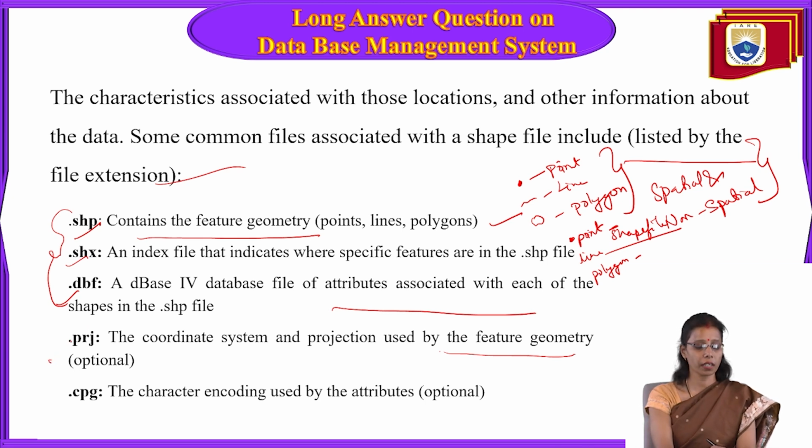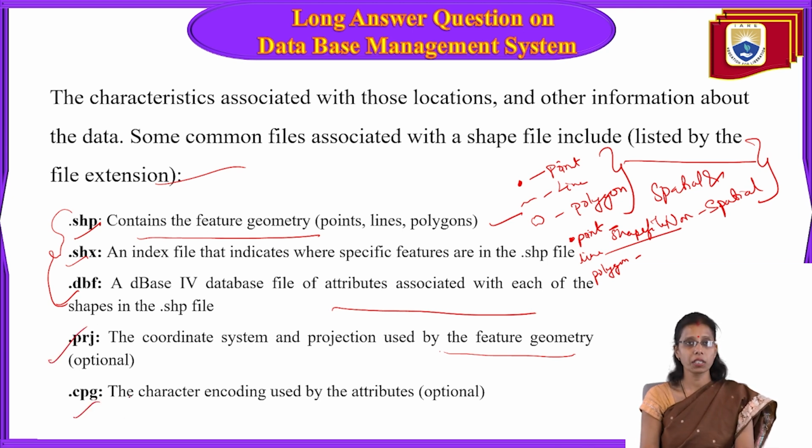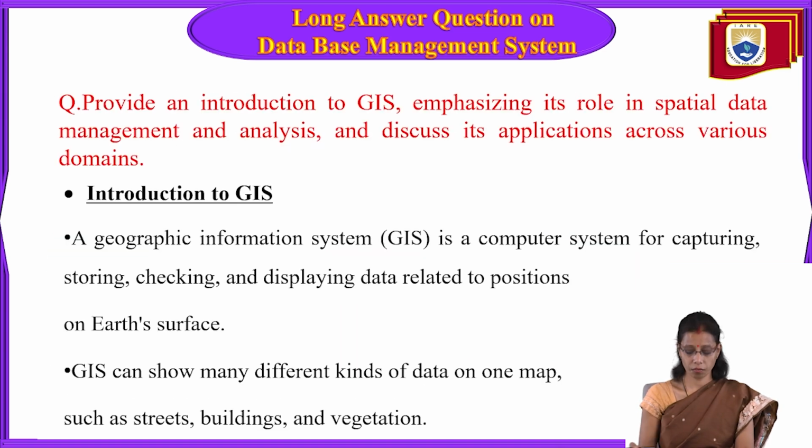Next we have .cpg, the character encoding used by the attributes, and this is also optional, based on the requirement. This is how the shapefile works here.